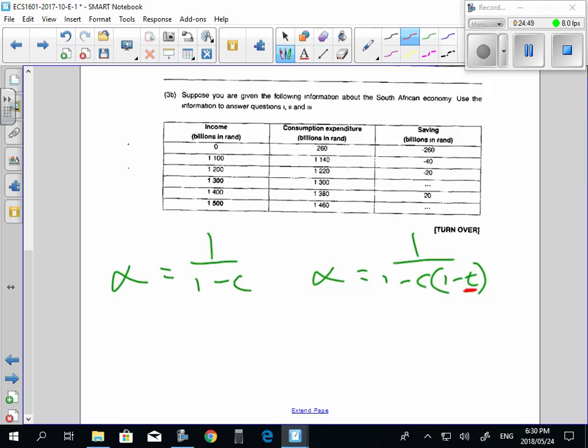Let's assume that it is 20%. We are subtracting 0.2 from 1, which means we are multiplying the marginal propensity to consume by 0.8, which reduces the size of that. 1 minus that increases your denominator and therefore decreases your multiplier overall.